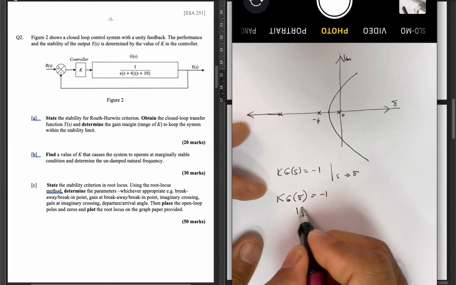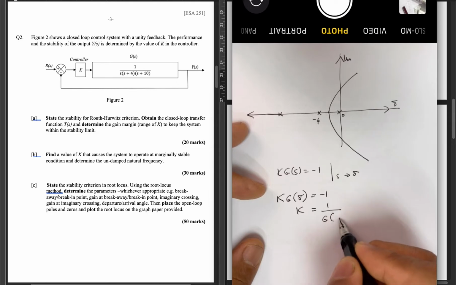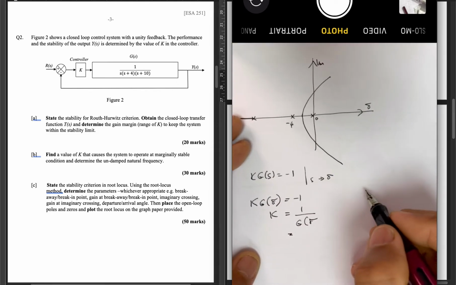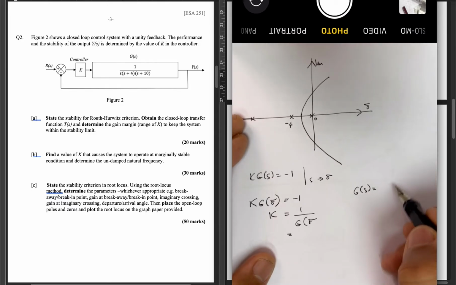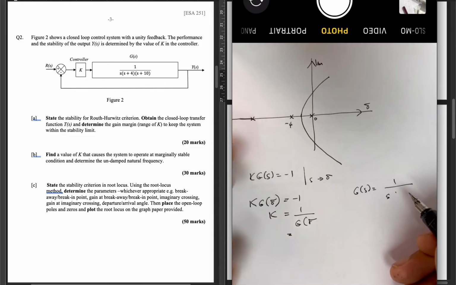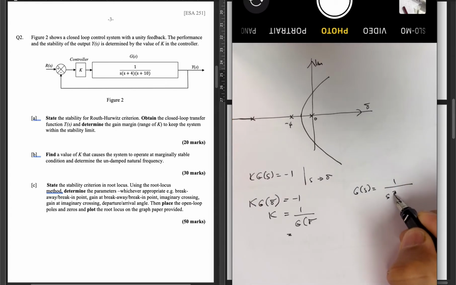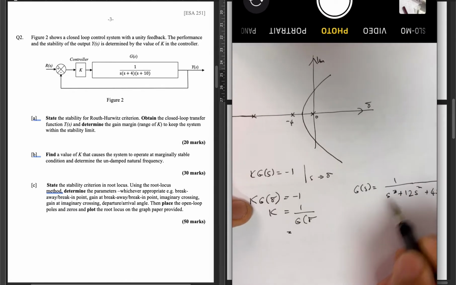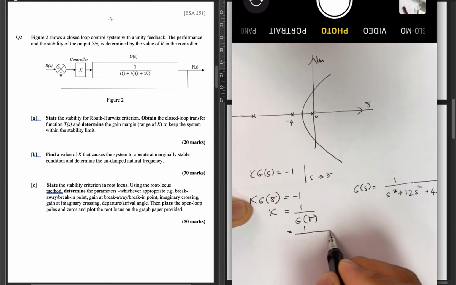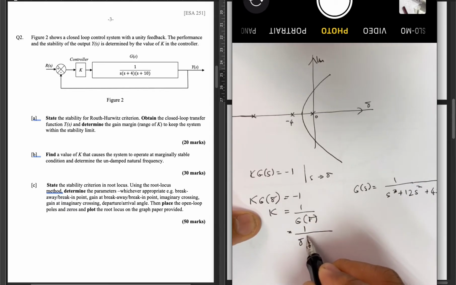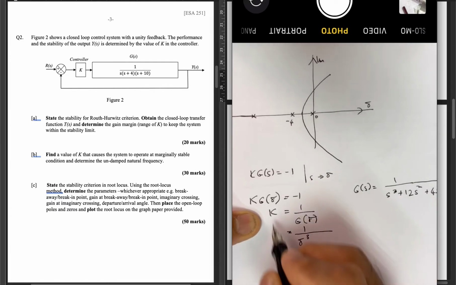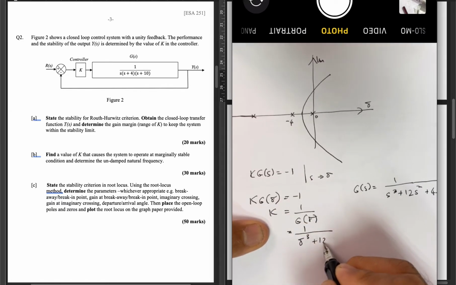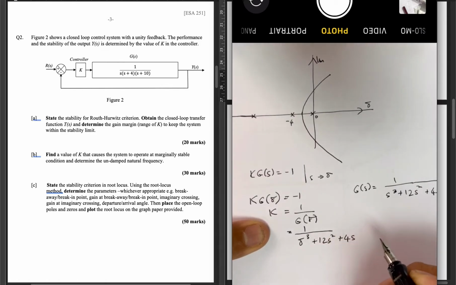Okay, so that makes our system kg of real numbers. By the way, our system g of s equal to 1 over s cubed plus 12s squared plus 40s, right? After you multiply that open loop systems, the system becomes, you just replace s with this sigma.